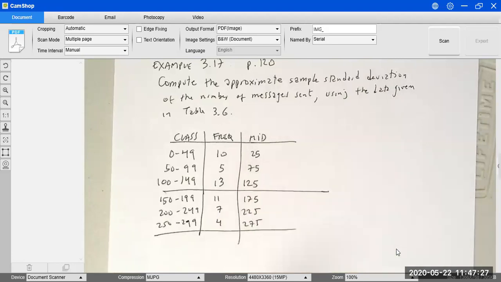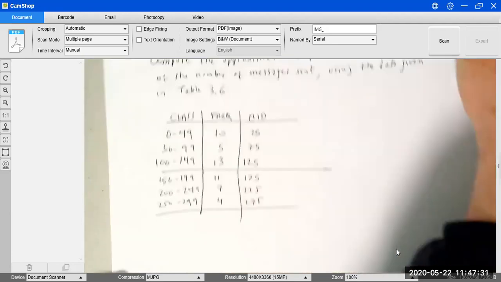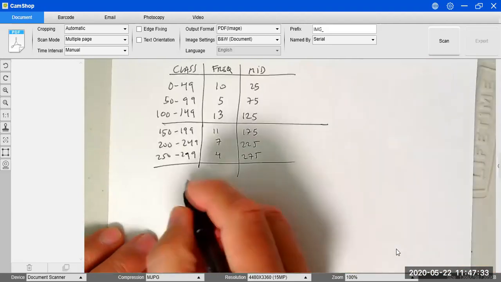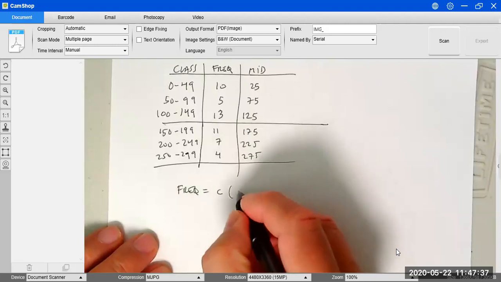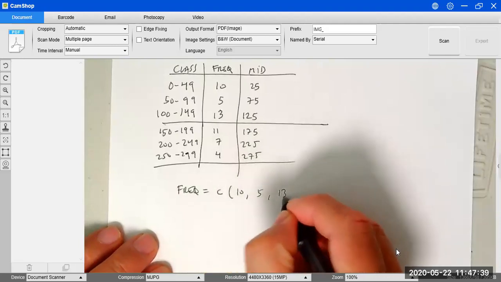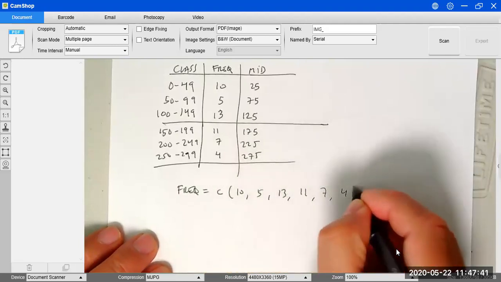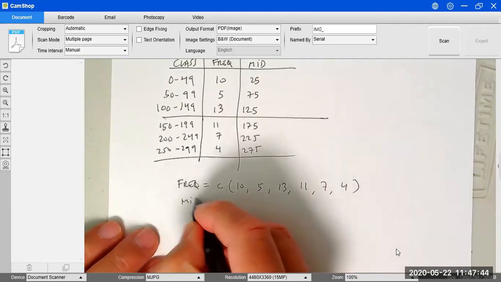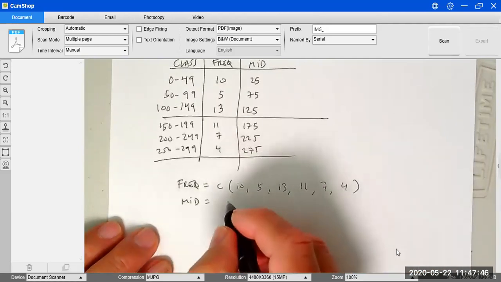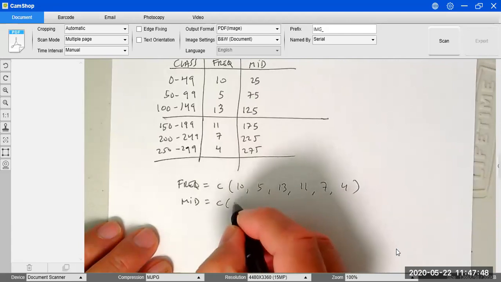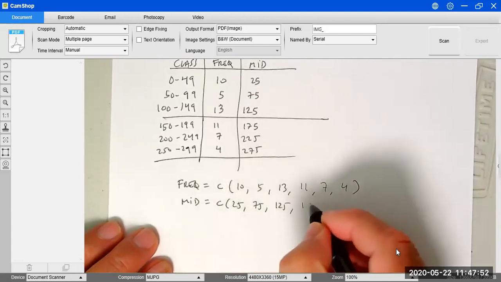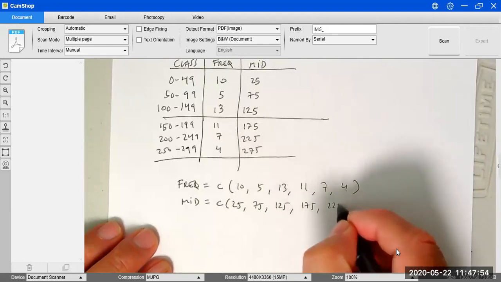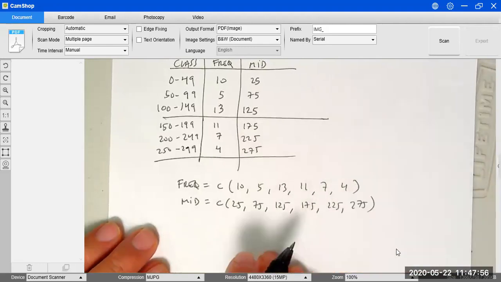With this information, we're going to be able to use R, so you don't need to do the extra work. You just need to enter frequencies 10, 5, 13, 11, 7, 4. Then you enter midpoints: 25, 75, 125, 175, 225, and 275.